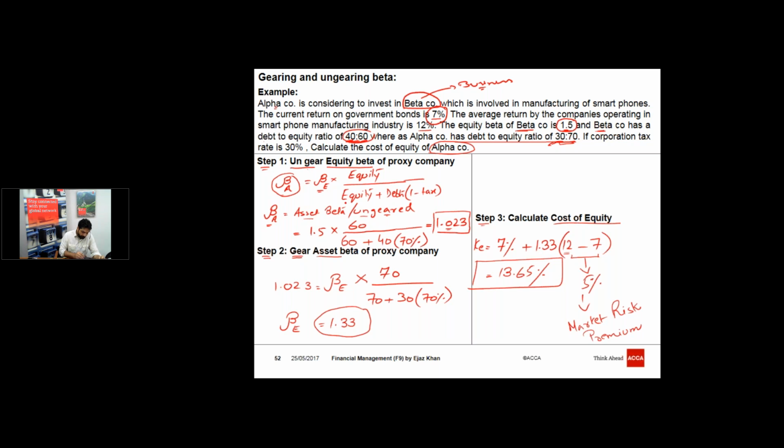So all we have to do is put the equity beta in this formula, and we have to use the debt to equity ratio of Beta Company in this case, because we have to offload the financial risk of Beta Company. So we'll be using the debt to equity ratio of Beta Company. We've just put the values to calculate the ungeared beta, which will only show the business risk.